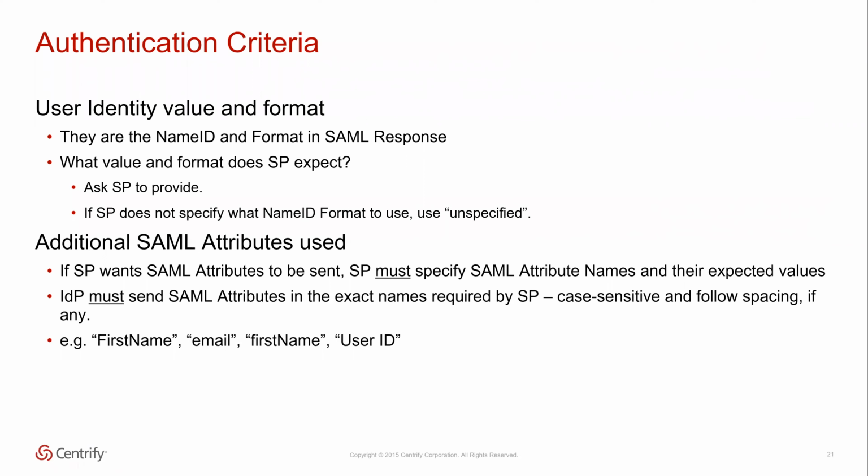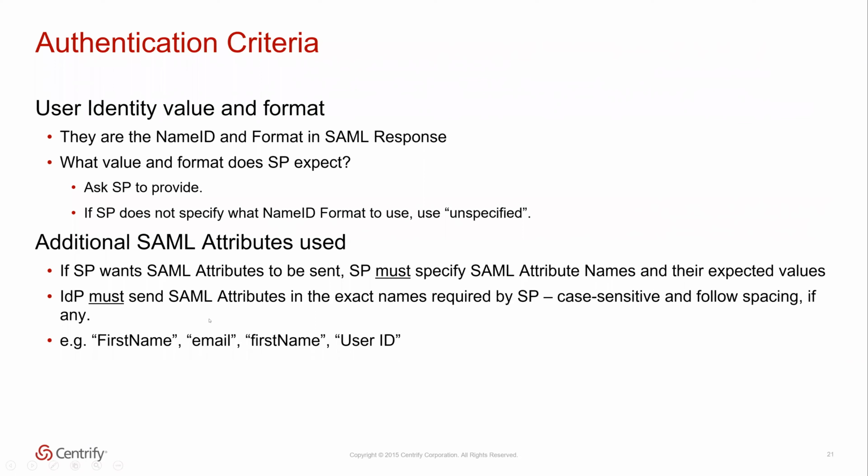What exact value are they looking for? Are they looking for the email address or whatever? On our end, we will have ways to send out the value in the right format, but we need to know what it is first. Now, name ID format is something I will talk about again, but there's a name ID format called unspecified. So in all cases where the service provider does not specify what name ID format to use, use unspecified.